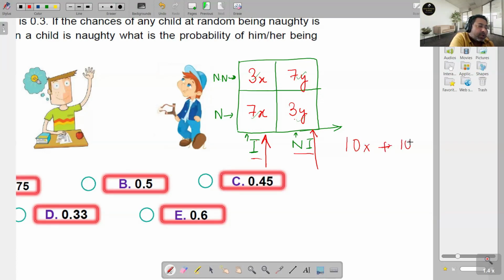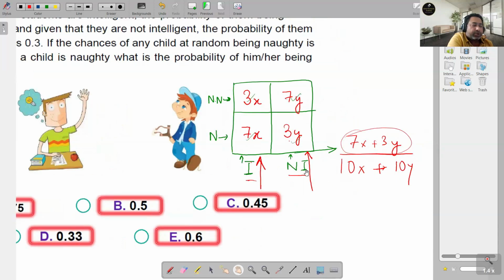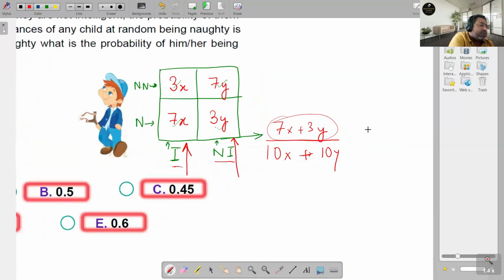And the naughty children are 7x plus 3y. If you pick any child at random, the total number of naughty students divided by total students will be the probability of them being naughty. And this is given as 1 by 3.